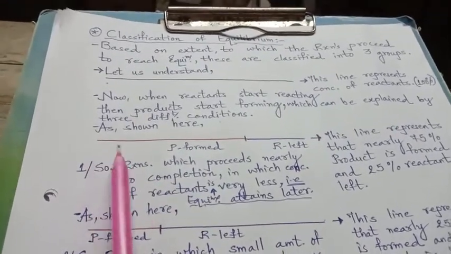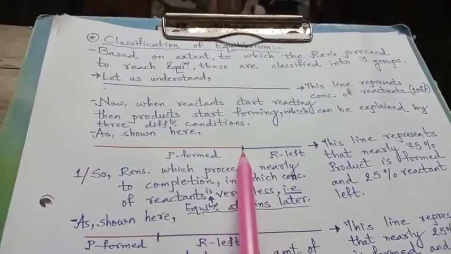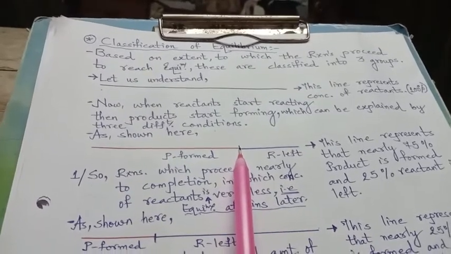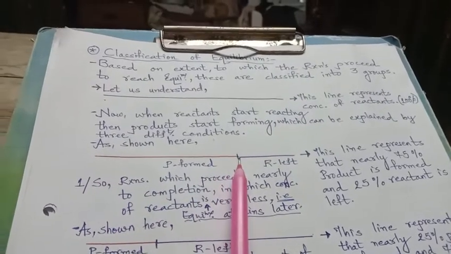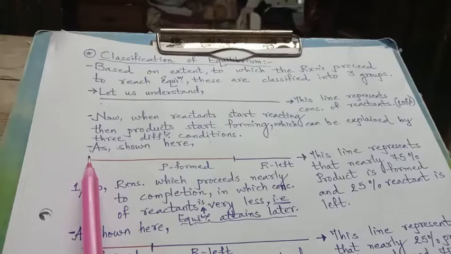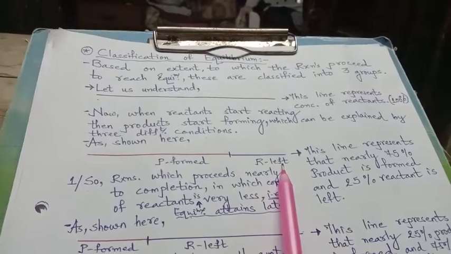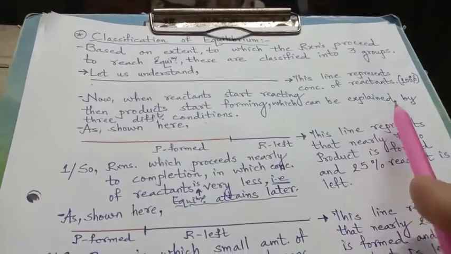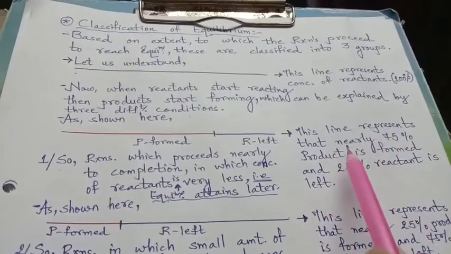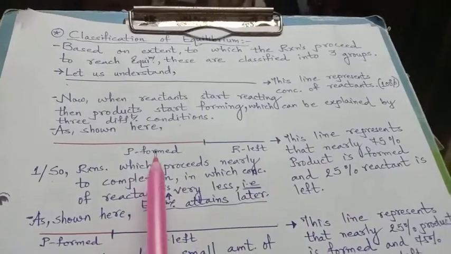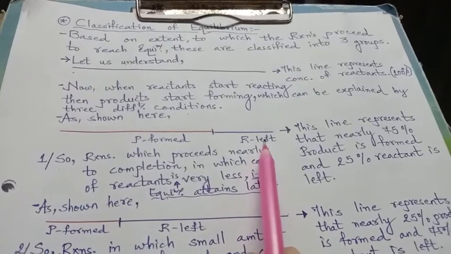First, let us look at the first condition. Here I have again drawn a line, but you can see that from here to this portion it is drawn in red, which means this much reactant has completely reacted, that much product is formed, and this much reactant is left. In terms of 100%, let us consider that the line represents nearly 75% product formed and only 25% reactant left.